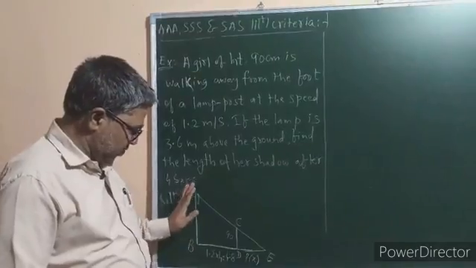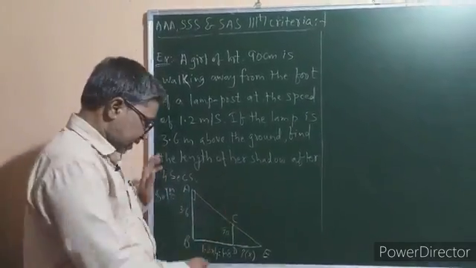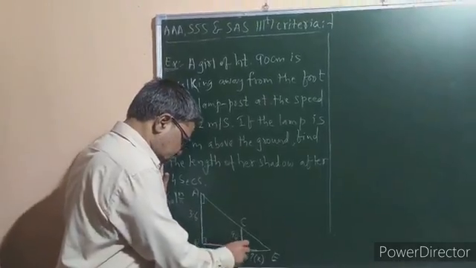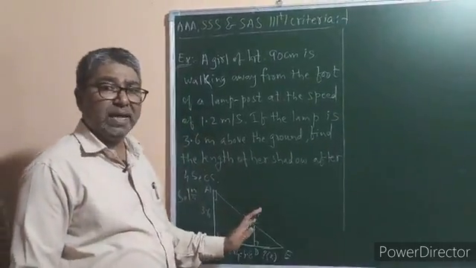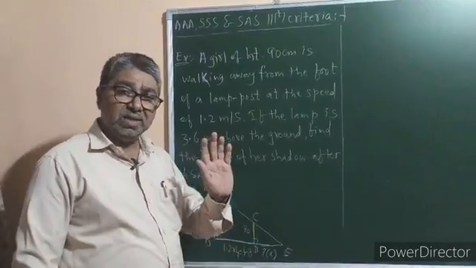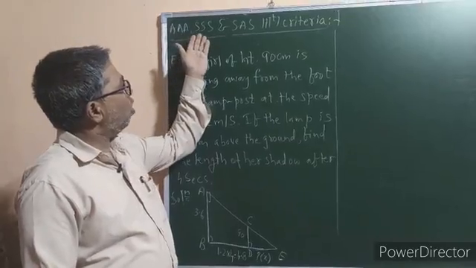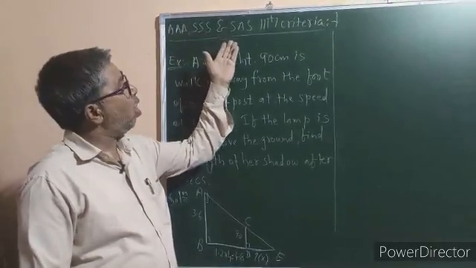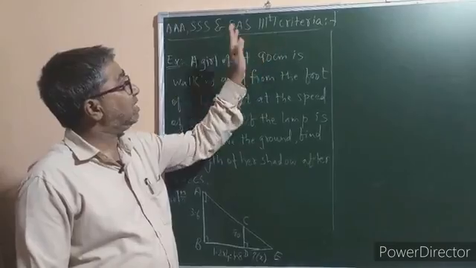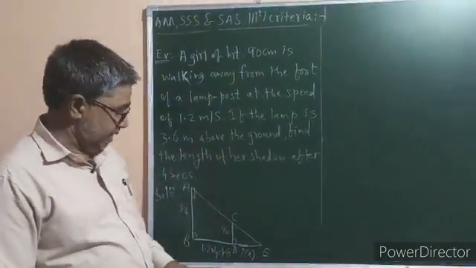Now we have two triangles. By taking these two triangles, let us prove that they are similar, either by AAA, SSS or SAS similarity criteria.